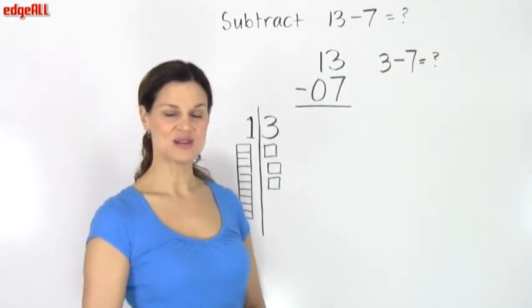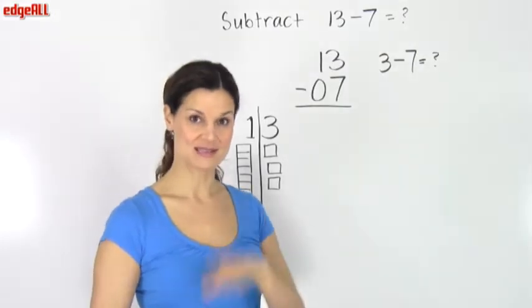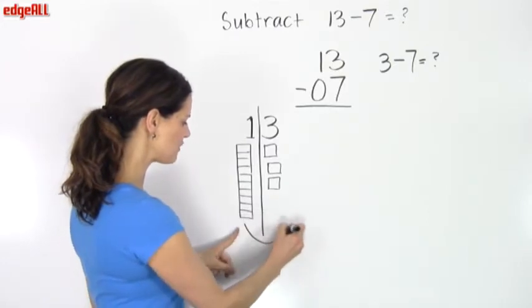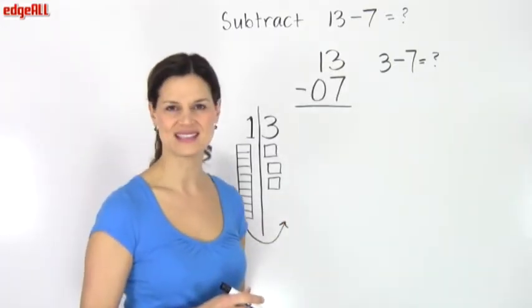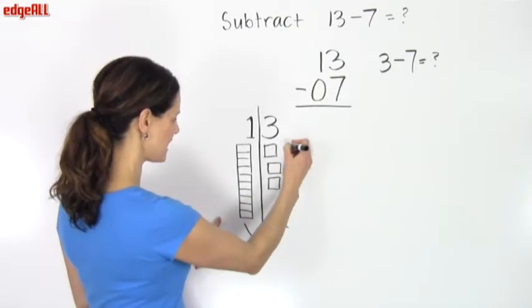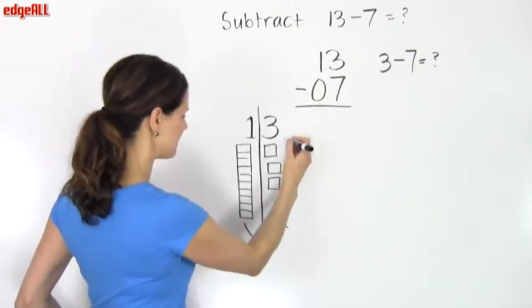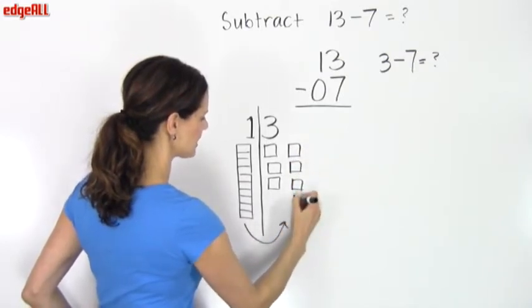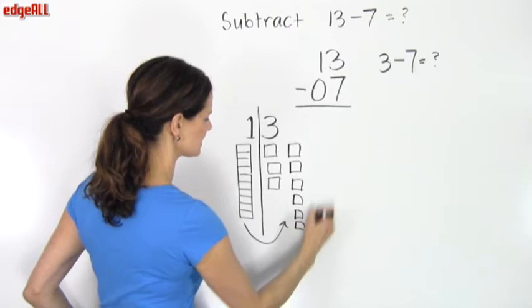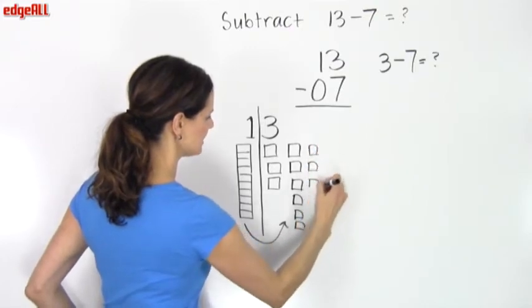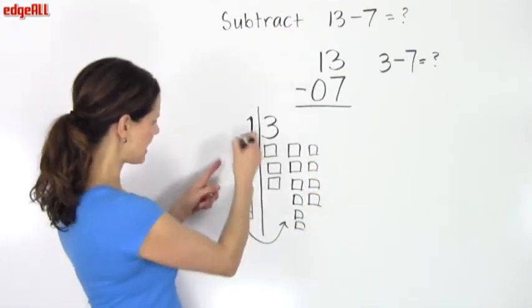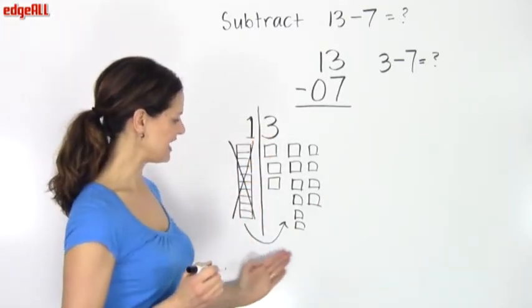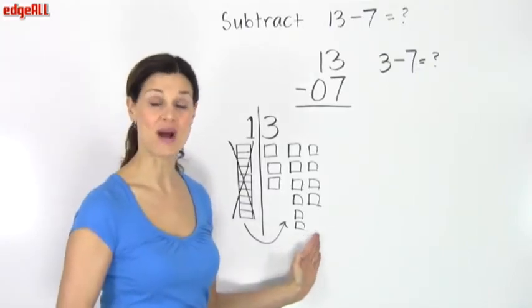And so what I'm going to do is borrow this 1 ten from my tens column, and move it over into my ones column. And so over here, I now am going to have 10 separate little ones: 1, 2, 3, 4, 5, 6, 7, 8, 9, 10. So I've taken this 10 from here, borrowed it, and moved it over into my ones column.